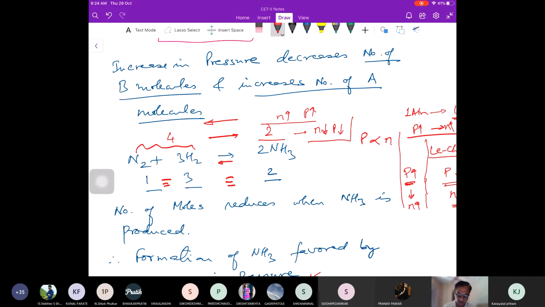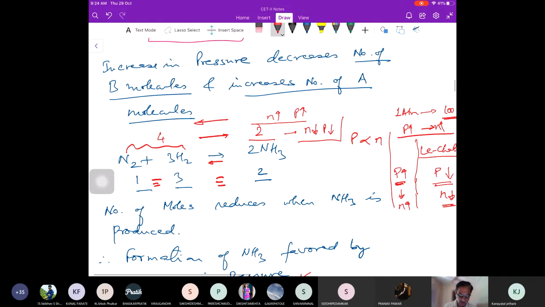And we know that 1 mole of nitrogen reacts with 3 moles of hydrogen to give 2 moles of ammonia, right? So if you increase the pressure, what will happen in this case?